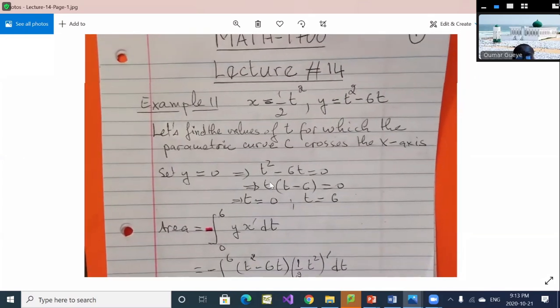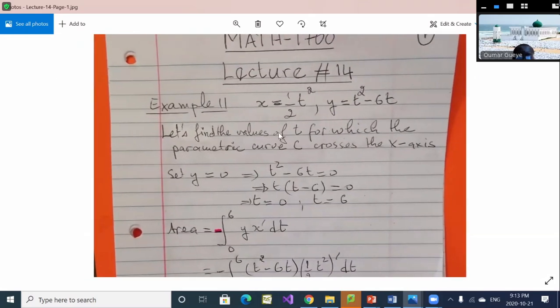All right, so as I mentioned, we're going to find the values of alpha and beta. And you guys know the values of alpha and beta correspond to the x-intercept. So we need to find the values of t corresponding to y equal to 0, because any point belonging to the x-axis has its y-coordinate equal to 0.